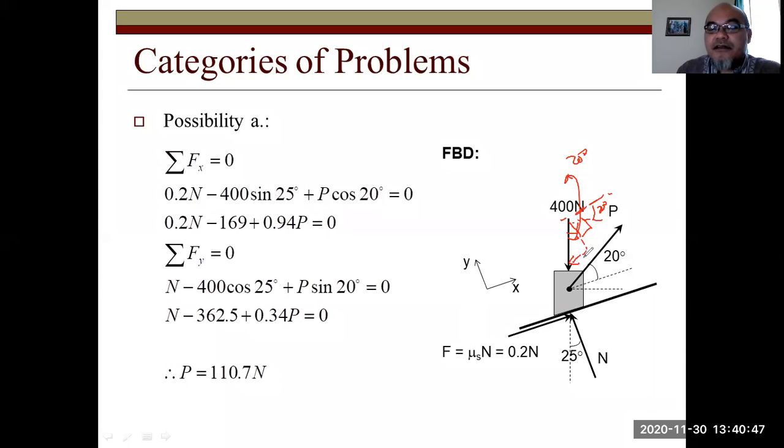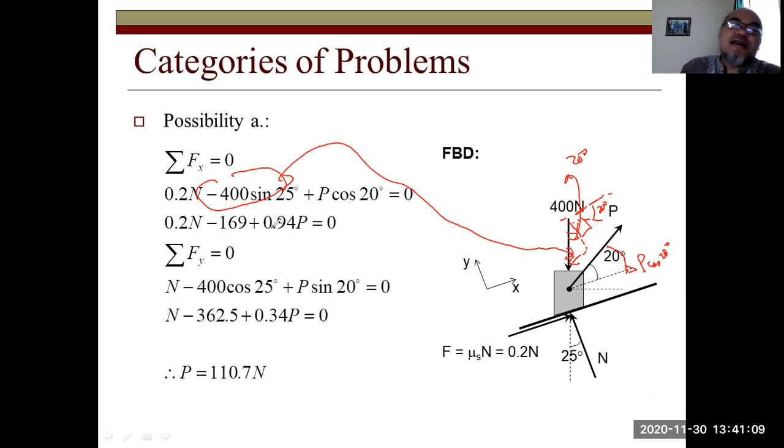So the x component of this 400 Newton is negative 400 sine 25 degrees. The x component of P is to the right, so it is positive: P cosine 20 degrees. So 0.2 N minus 169 from 400 sine 25 degrees, plus 0.94 P.